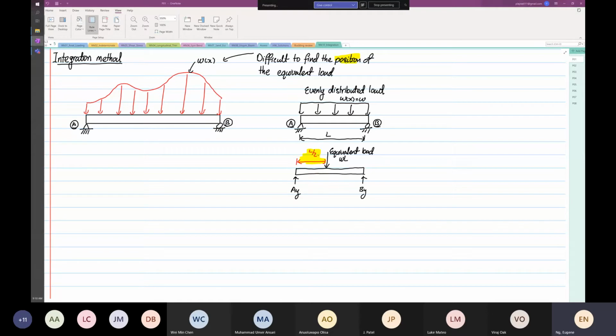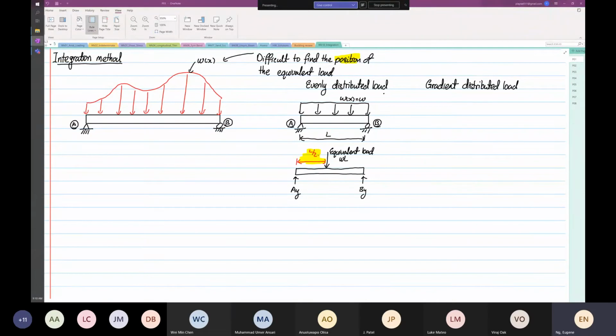Another one, if we have a gradient. So this one is the evenly distributed load. And then if we have another one, which is known as the gradient distributed load, it's also pretty straightforward, yes or no?